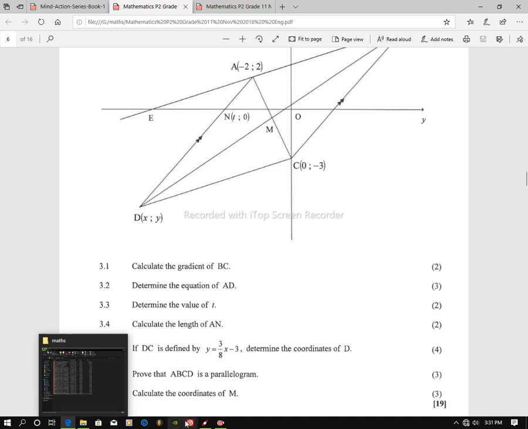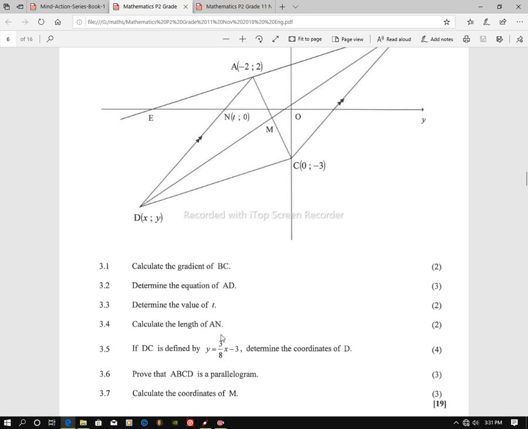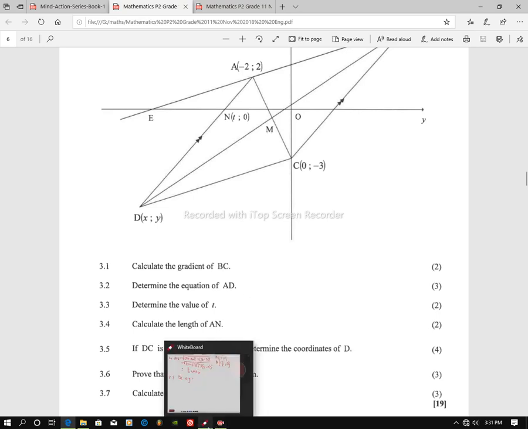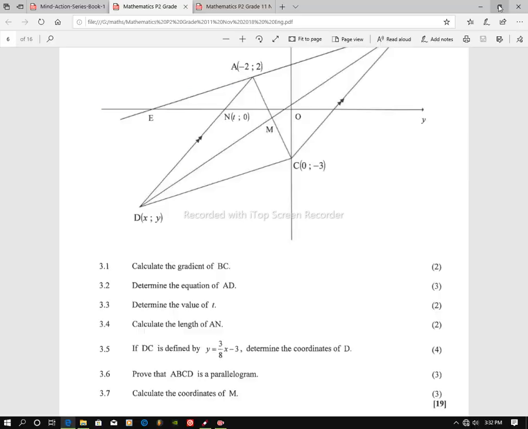So we are given for line DC that y is equal to 3 over 8x minus 3, and you still remember the equation that we calculated for AD.